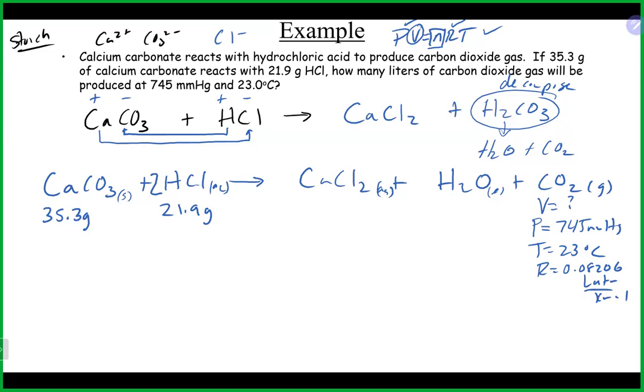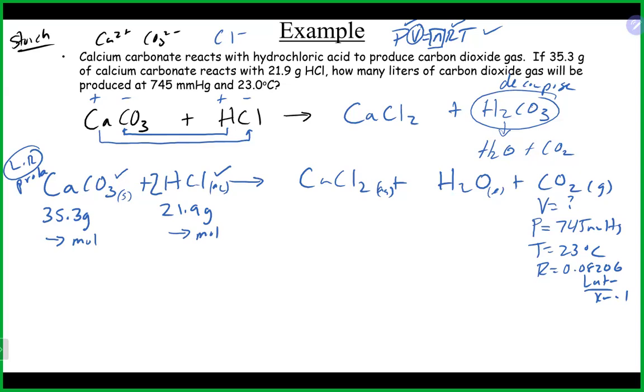Now, this is also a little bit different than the previous one that we did, which is, if I look at this, I have grams of this reactant, and I have grams of this reactant, which means for both of these guys, we could definitely get moles. And if you remember, that means that this is going to actually be a limiting reagent problem.